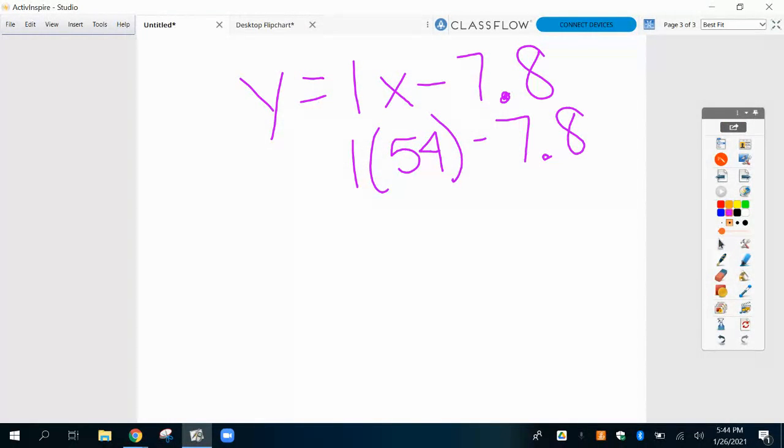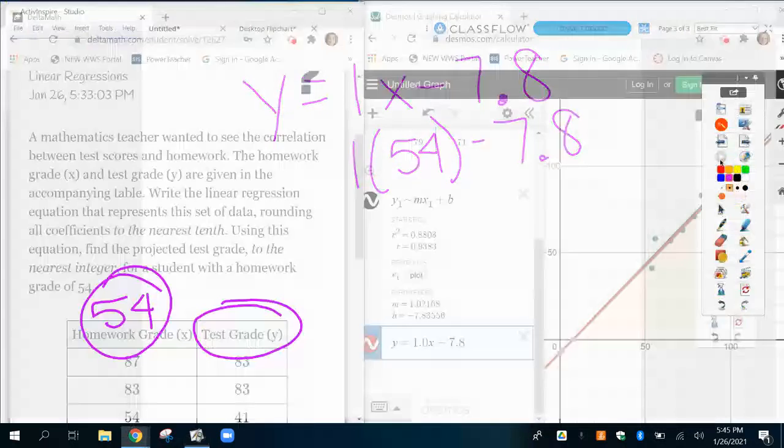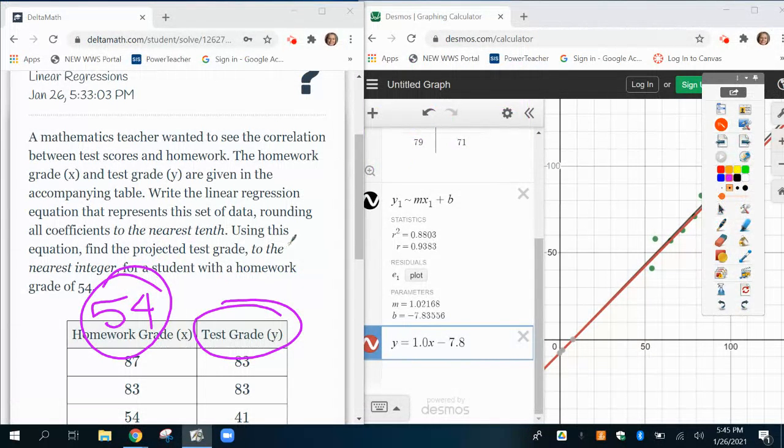So this goes back to our functions unit where we're plugging in x and y values. And then you could just pull out a calculator or whatever and do 54 times 1 minus 7.8, which gives us 46.2. Now, again, when we look over here, this says to round it to the nearest integer.